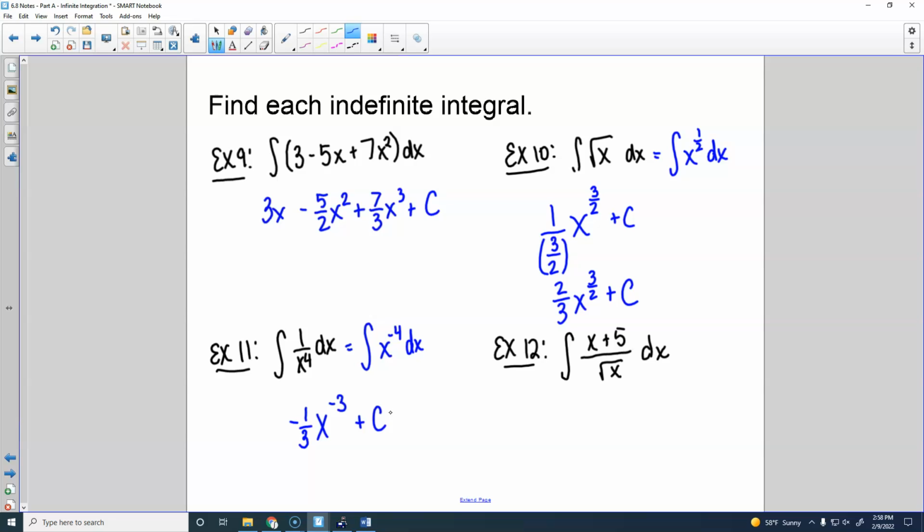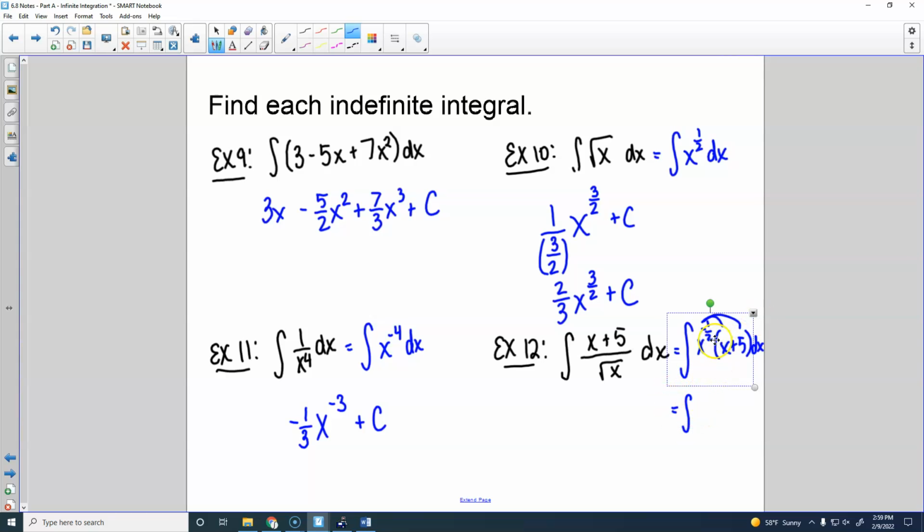So if I do that, it'll look like this. x to the negative 1/2 times (x plus 5) dx. We don't know a product rule for this. Distribute.